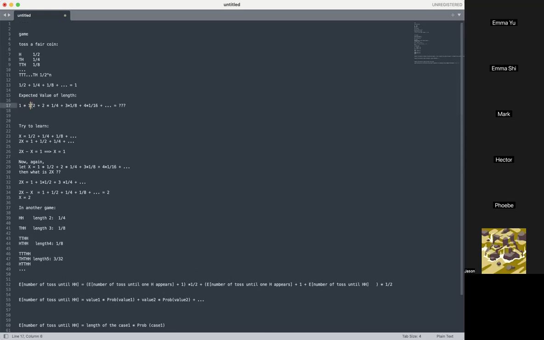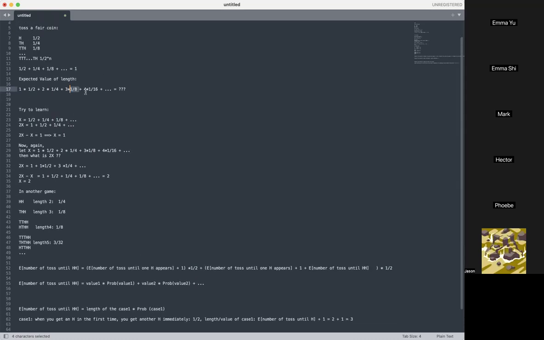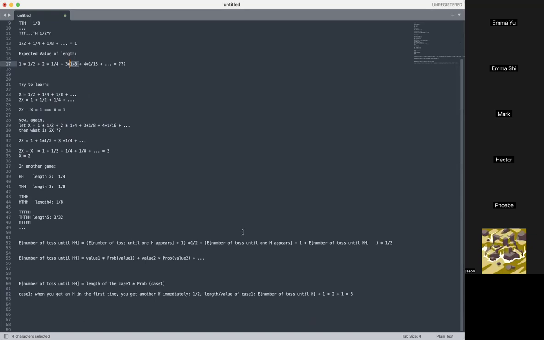It's 1 times 1/2 plus 2 times 1/4 plus 3 times 1/8, right? You have one half probability to get an H immediately. You have 1/4 probability to toss 2 times before an H comes. You have 1/8 probability to toss 3 times before an H comes, right? So the average number of tosses for a first H to appear is 2.